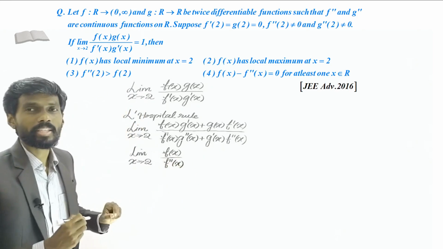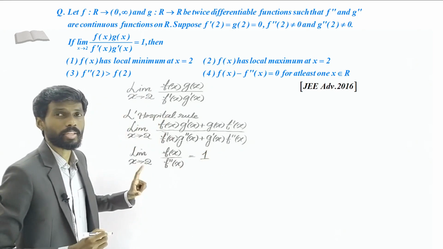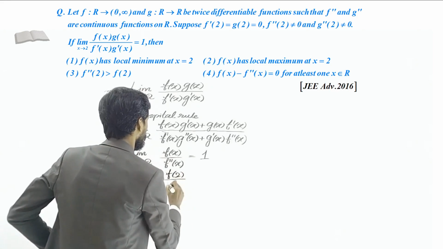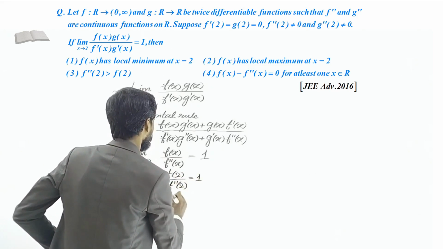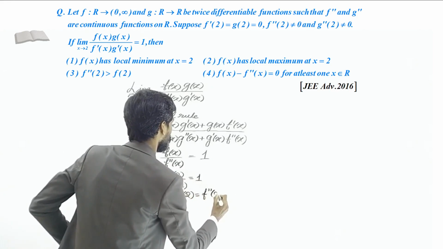This limit is given as 1, right? So if you directly substitute, f of 2 divided by f double dash of 2 is 1, so that means f of 2 equals f double dash of 2.